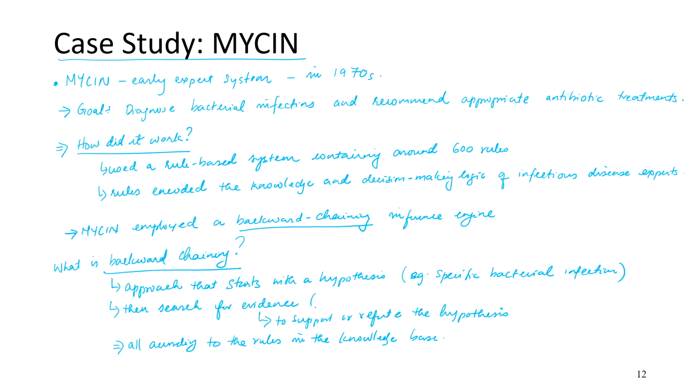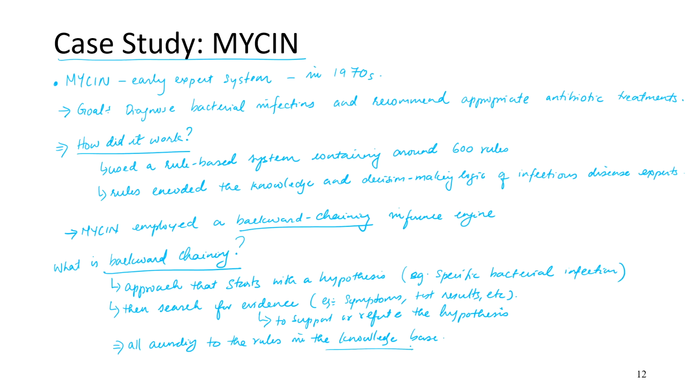That would be, for example, symptoms, test results, etc. And using those, the evidence is either to support the hypothesis or refute the hypothesis, and all according to the rules in the knowledge base.